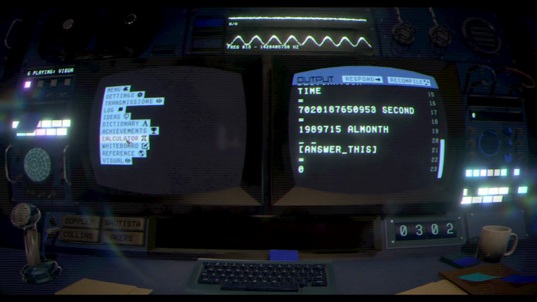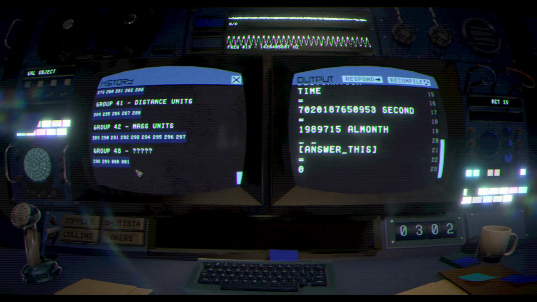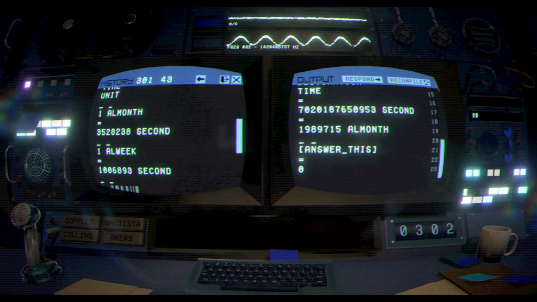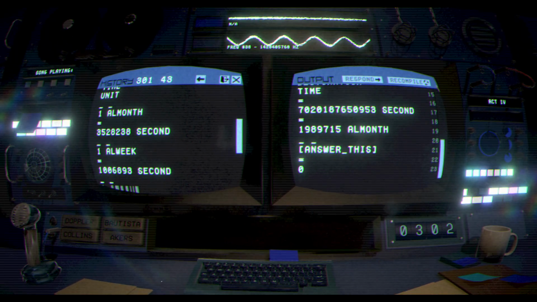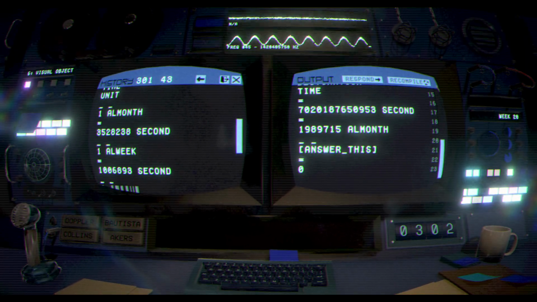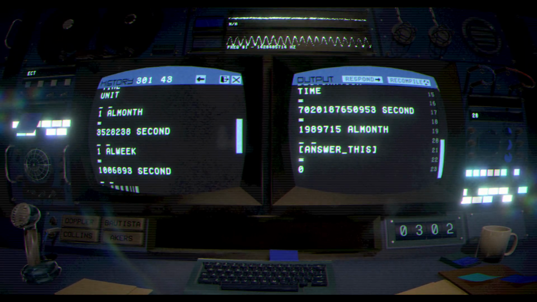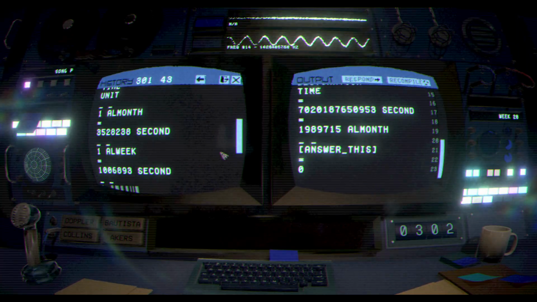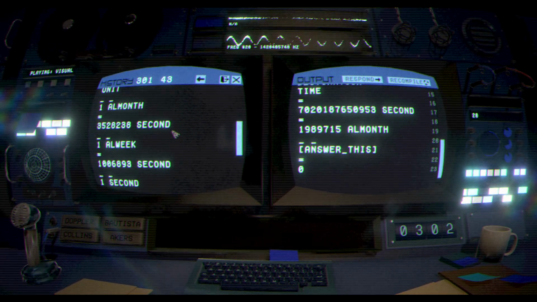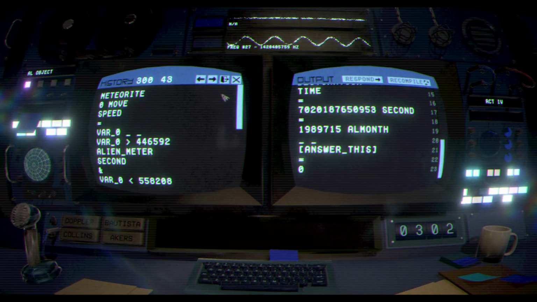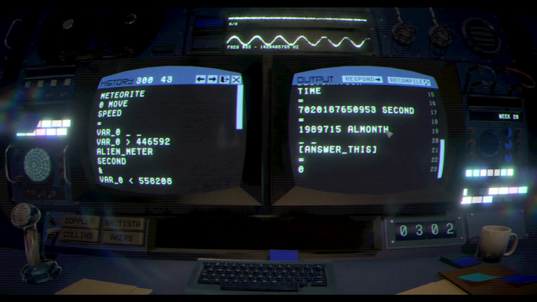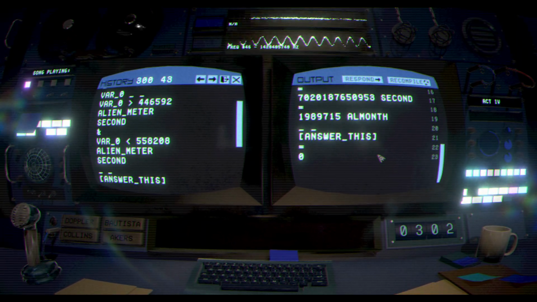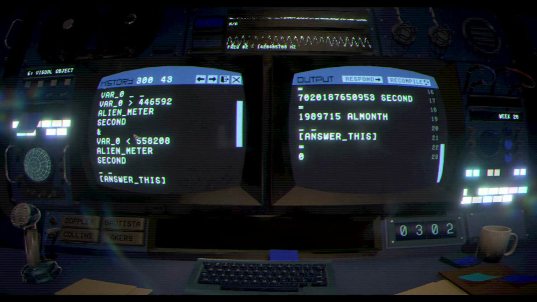Okay. Right. So we've got a unit that is 3528238 divided by 1006893. Okay. Whew. Now it seems like they're mostly moving in whole numbers here.